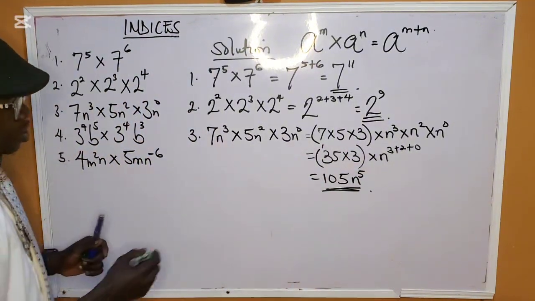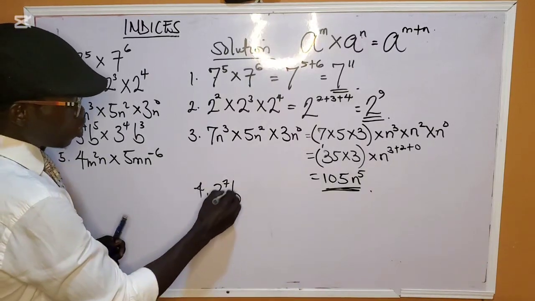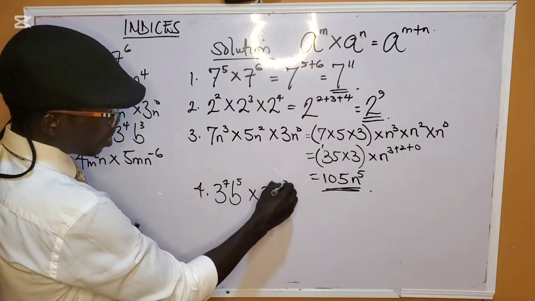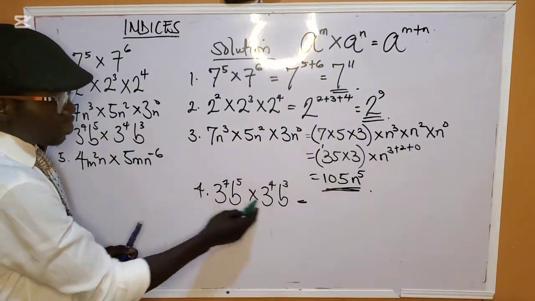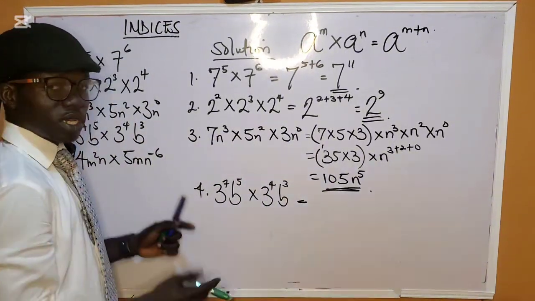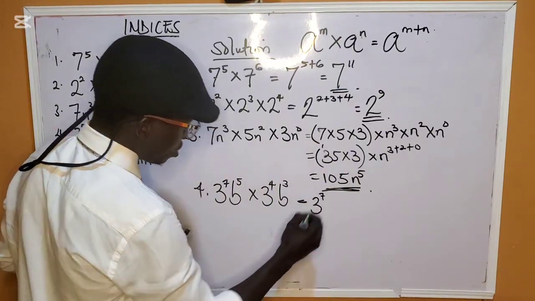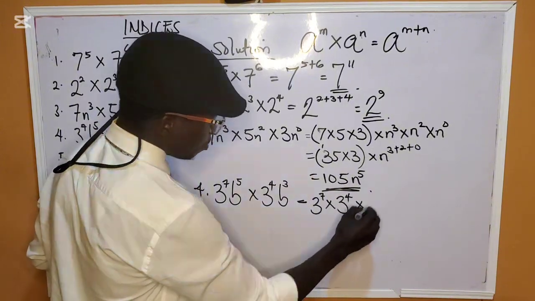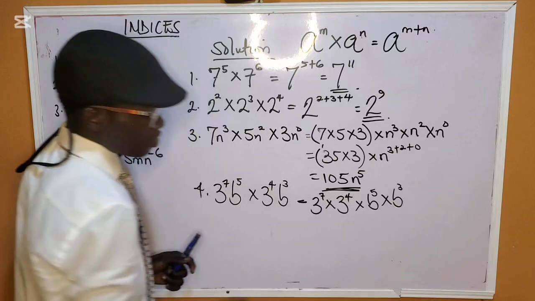And the next one is number 4, which is 3 to the power of 7 b raised to the power of 5 multiplied by 3 to the power of 4 b raised to the power of 3. Now here, the first thing we need to do is collect like terms. 3, 3, b, b. So we take the 3's together and the b's together. 3 raised to the power of 7 multiplied by 3 raised to the power of 4 multiplied by b raised to the power of 5 multiplied by b raised to the power of 3.